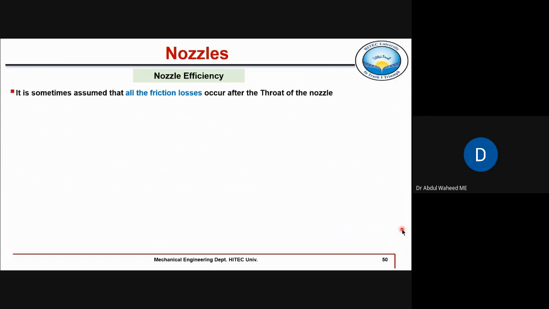So that's why we have seen that the convergent section is normally very small and the divergent portion is very large. And we also now know that the maximum velocity occurs in this portion. C is maximum in the divergent portion. And the divergent portion is also of longer length compared to the convergent section.